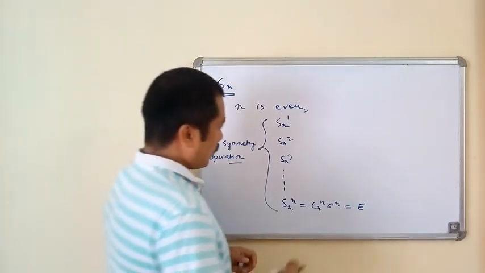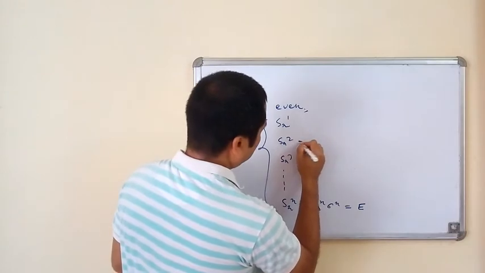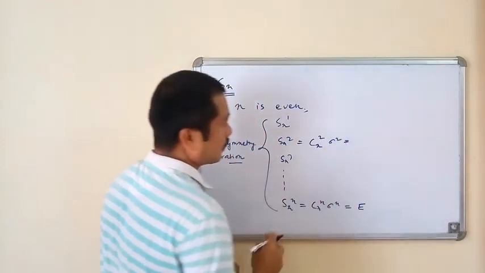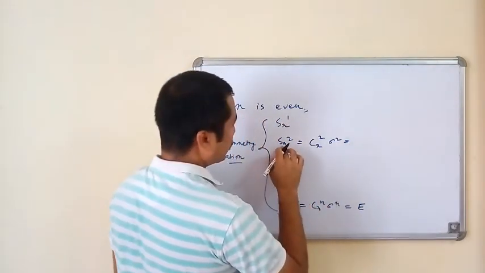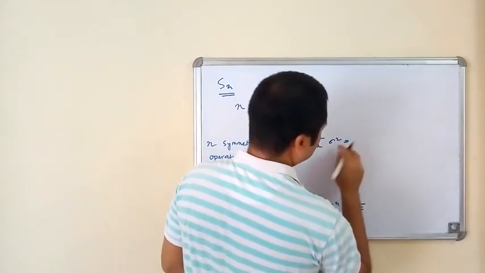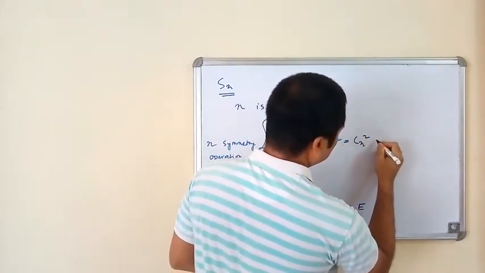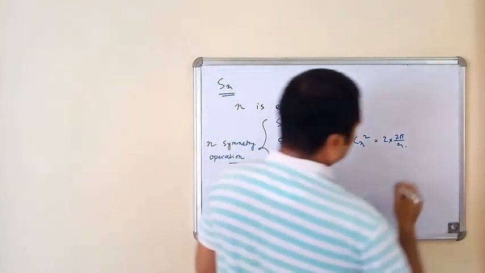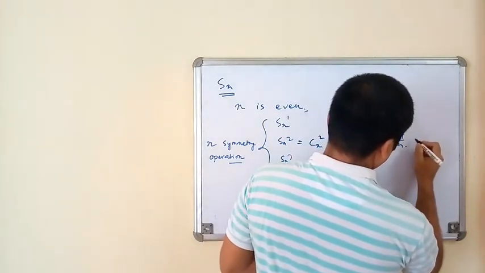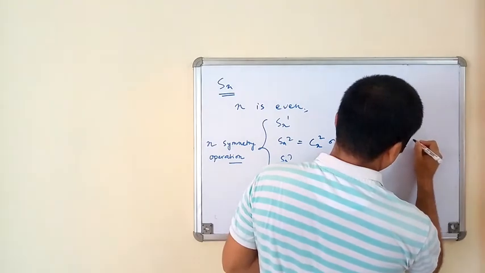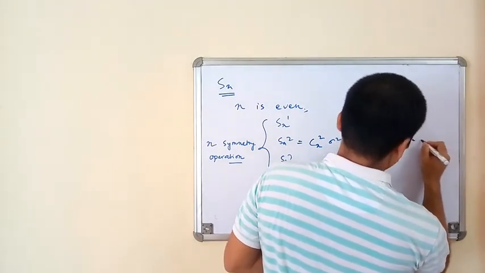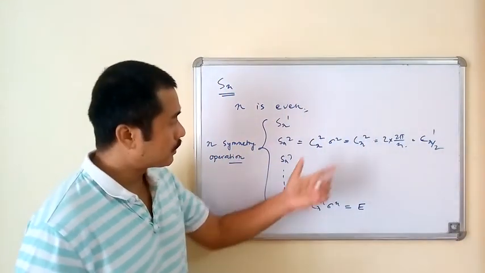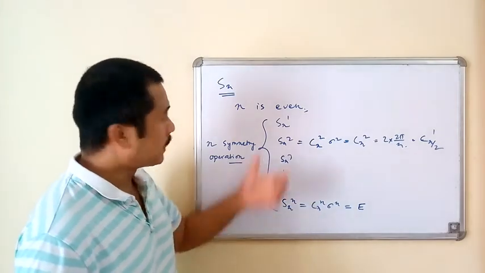What we will notice here is Sn^2: when we simplify Sn^2, we get Cn^2 sigma^2, and sigma^2 is going to be identity, so it is Cn^2, which is actually a 2 times 2 pi by n degree rotation, or we can say this is actually equal to Cn/2 one time. We can do so because n is divisible by 2, as n is an even number.